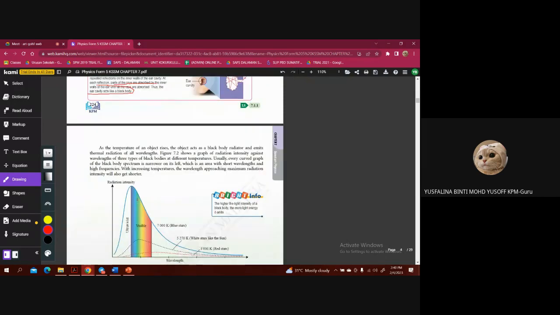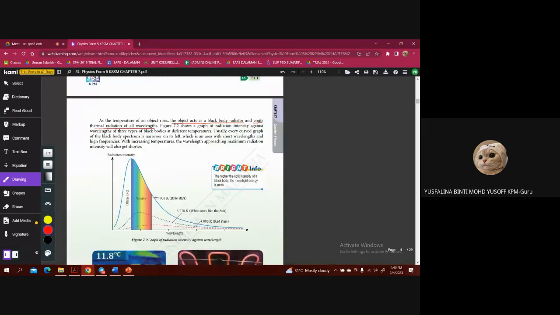As the temperature of an object rises, the object acts as a black body radiator and emits thermal radiation of all wavelengths. If you keep increasing the temperature, this is what will happen: it will emit thermal radiation of all wavelengths.